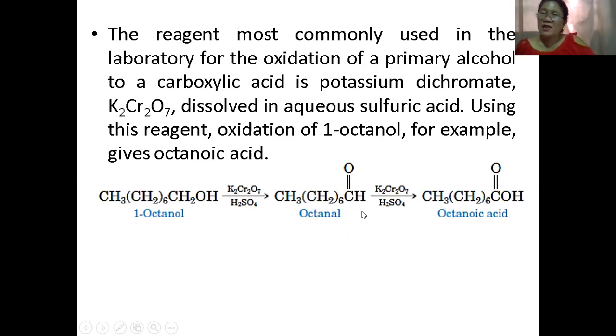The first one is an aldehyde. The second oxidation reaction forms a carboxylic acid. I repeat, oxygen is added because it's oxidation. Therefore, the H of your OH is removed in the form of water. Then only the H is left.